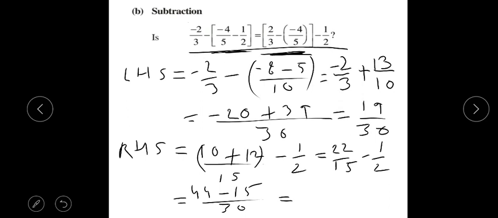So the answer is 29 upon 30, and we can easily see that both the results are not equal.